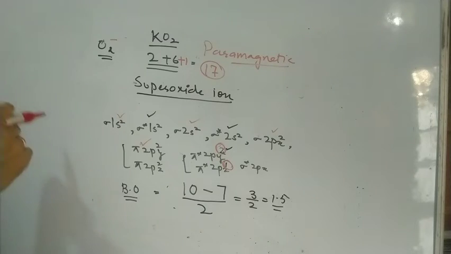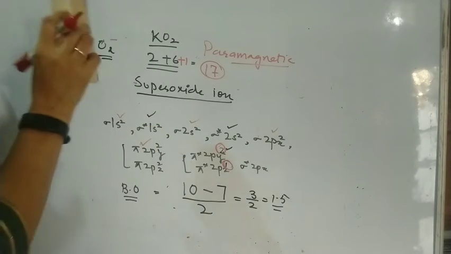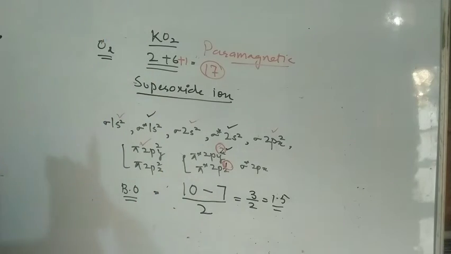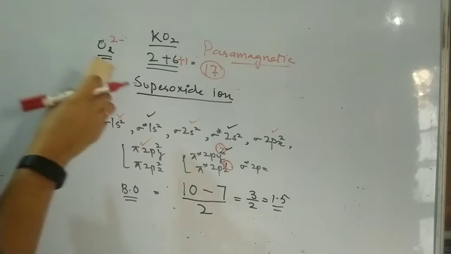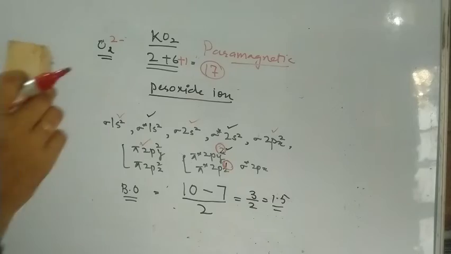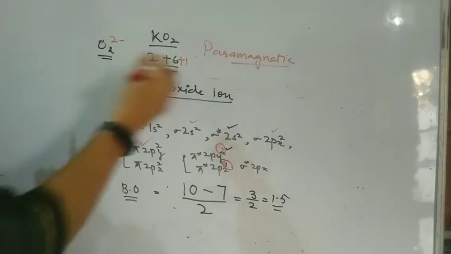Okay. Now third, we are talking about O2 2 negative, which is known as peroxide ion, and here we are having one more electron.